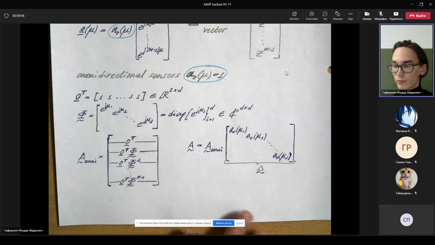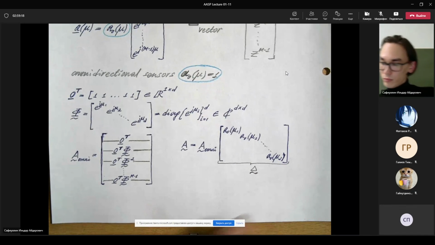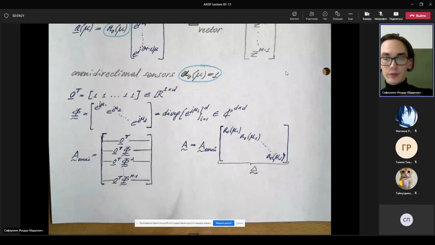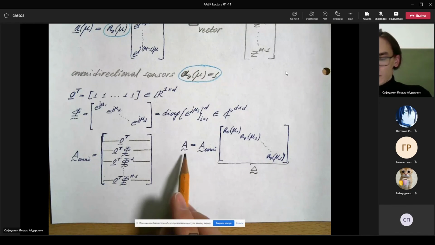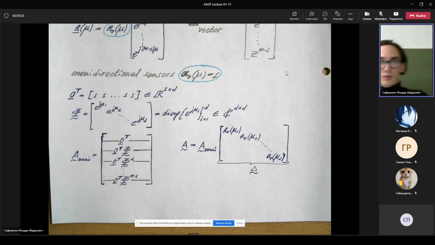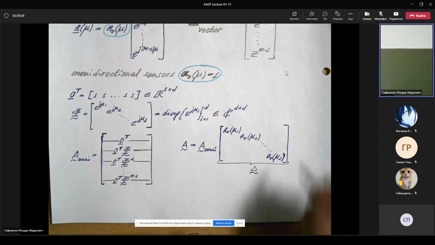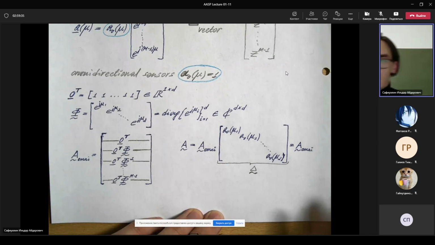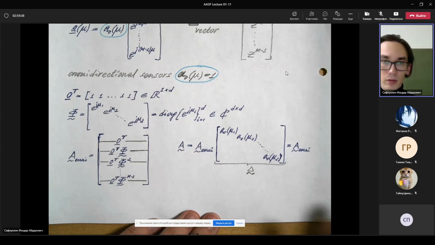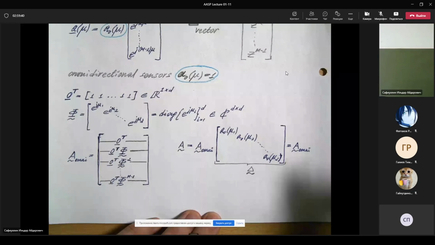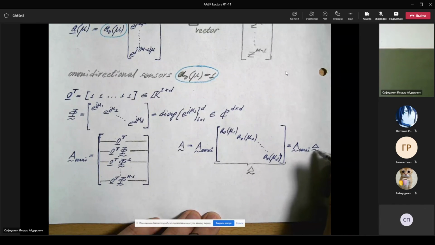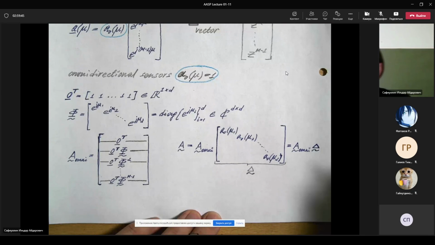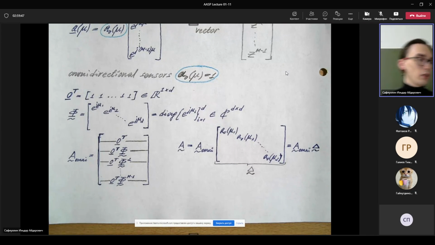And if we show the manifold of an arbitrary antenna array A as a multiplication of matrices, we write that we take the manifold for the omnidirectional array and multiply it with this matrix delta, which contains different complex directivity patterns.